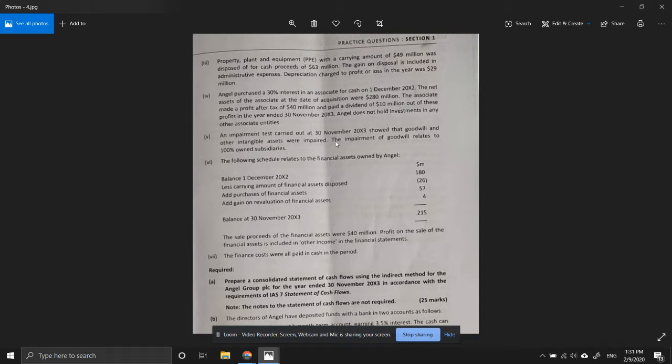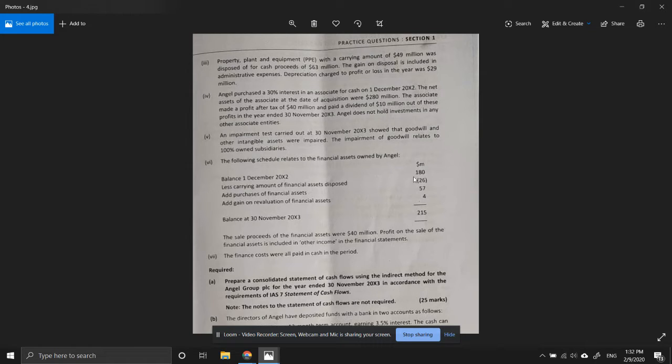So in case of impairment test carried out at 30th November 20x3 showed that the goodwill and other intangible assets were impaired 100%. So impairment of goodwill relates to 100% owned subsidiaries. Okay, the following schedule relates to the financial asset owned by Angel.